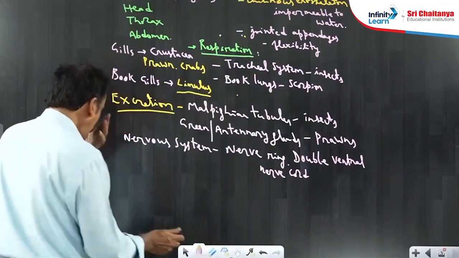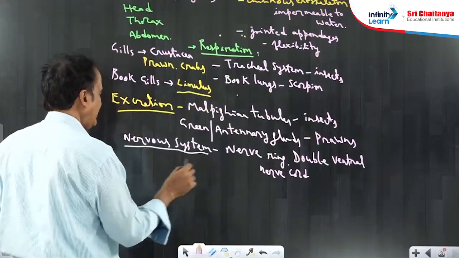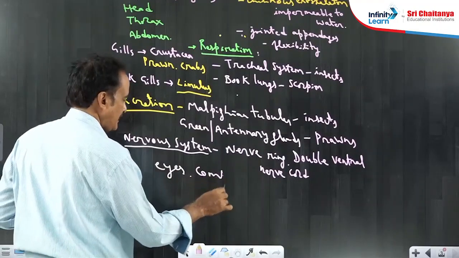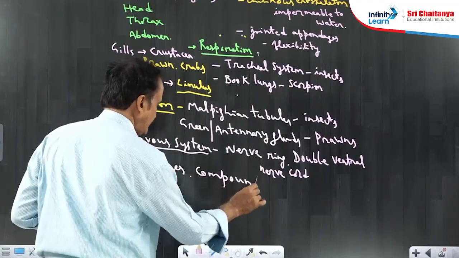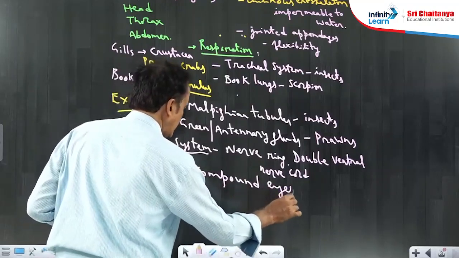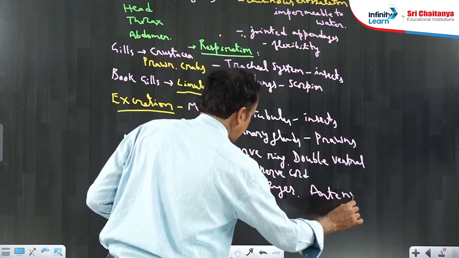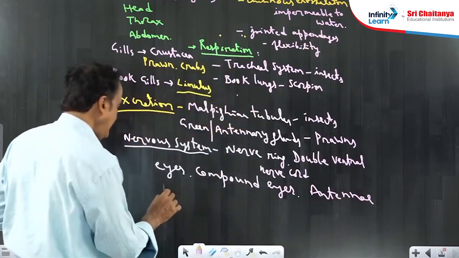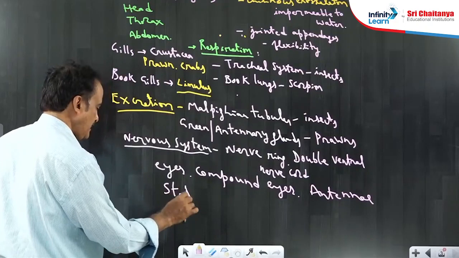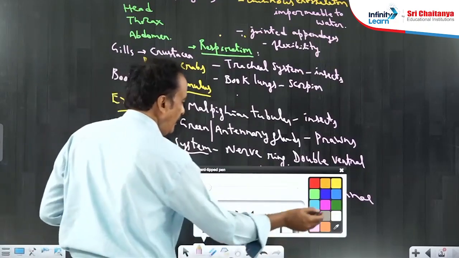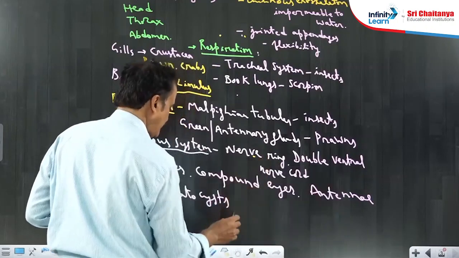You are able to see here sensory structures like simple eyes, compound eyes, they have antennae, and they have structures named as statocysts. Statocysts are balancing organs.